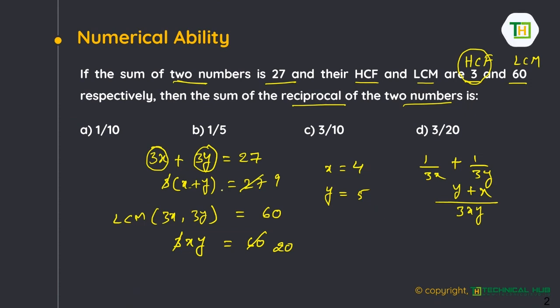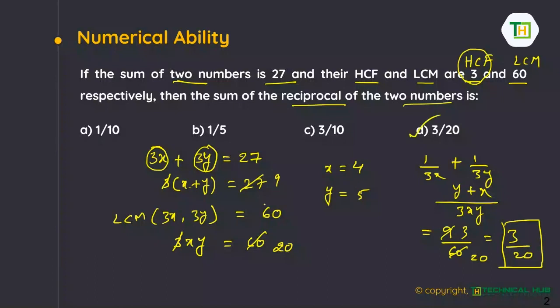We know x plus y is equal to 9 and 3xy is equal to 60, so we can directly substitute. Cancelling with 3, three threes are 9 and three twenties are 60. Therefore, the sum of their reciprocals is 3 by 20. Option D is the right answer.